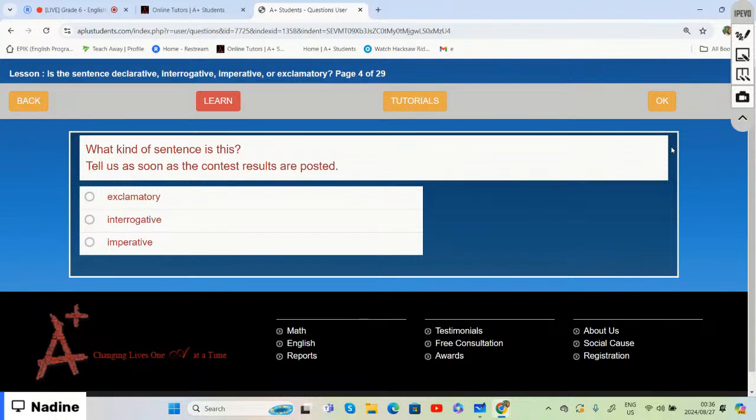Option one, option two, or option three.